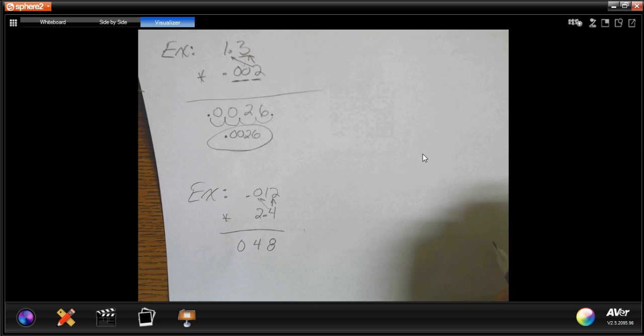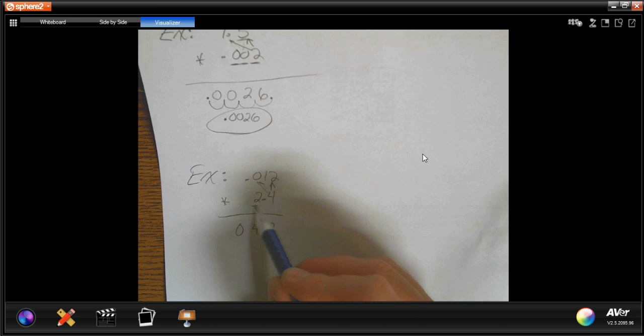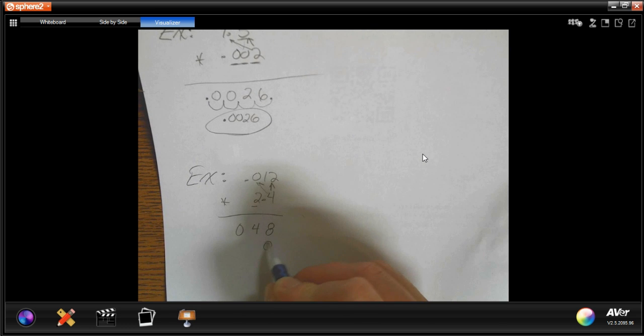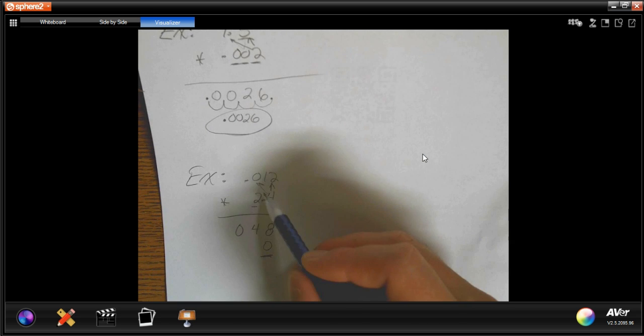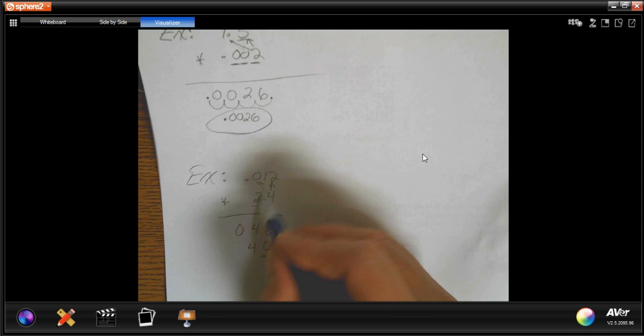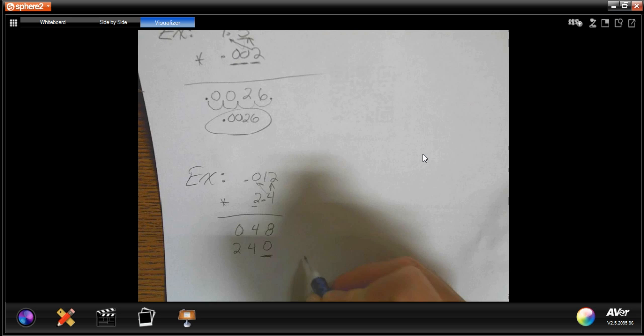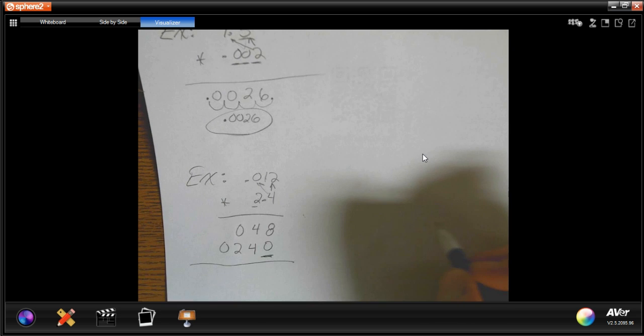Okay, now just a little bit different from the last example, we have another number to multiply here. So we're going to add our placeholder 0, just like we always do. And then 2 times 2 is 4. 2 times 1 is 2. And 2 times 0 is 0.